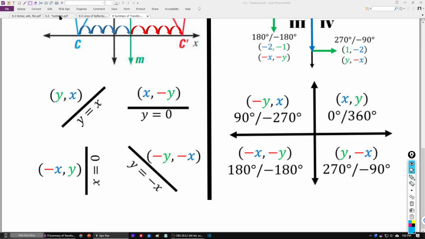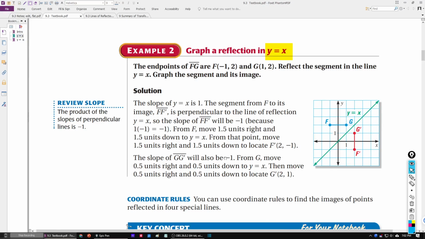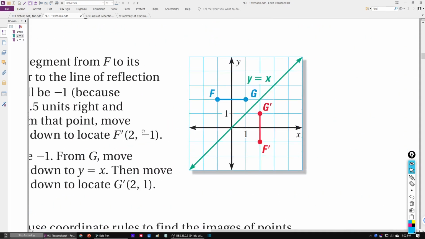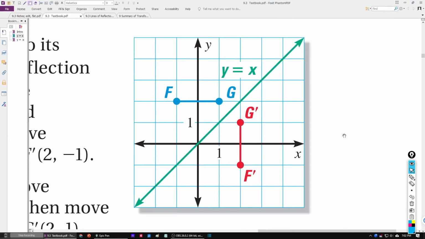And let's do that by going to the textbook here, and let's go down to this y equals x. Same concept for these, except, so here's your line of reflection, y equals x, right? The idea is the same.